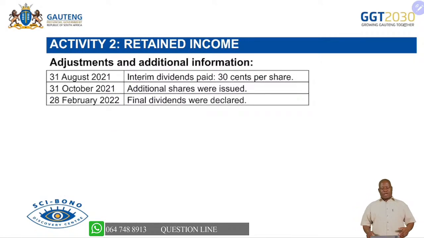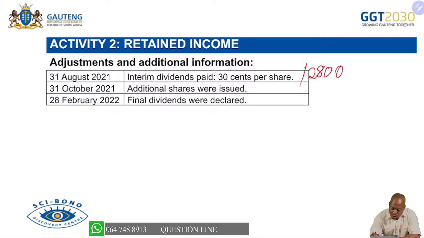Now, additional information. Check here. They are now talking of 31 August. Interim dividends paid is 30 cents per share. Now, what you need to always remember is this. When the year started, how many shares were there? 1,280,000. Can you see? Remember that?